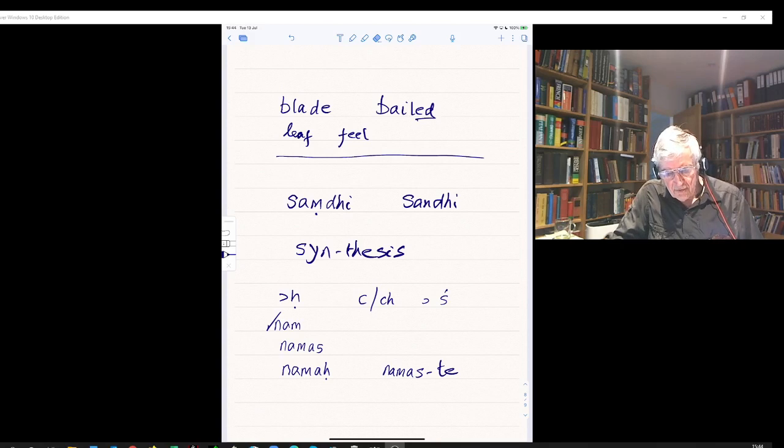Running through the verbs using the root gam, gacchati. So gacchati, gacchataha, gacchasi, gacchataha, gacchami, gacchavaha.